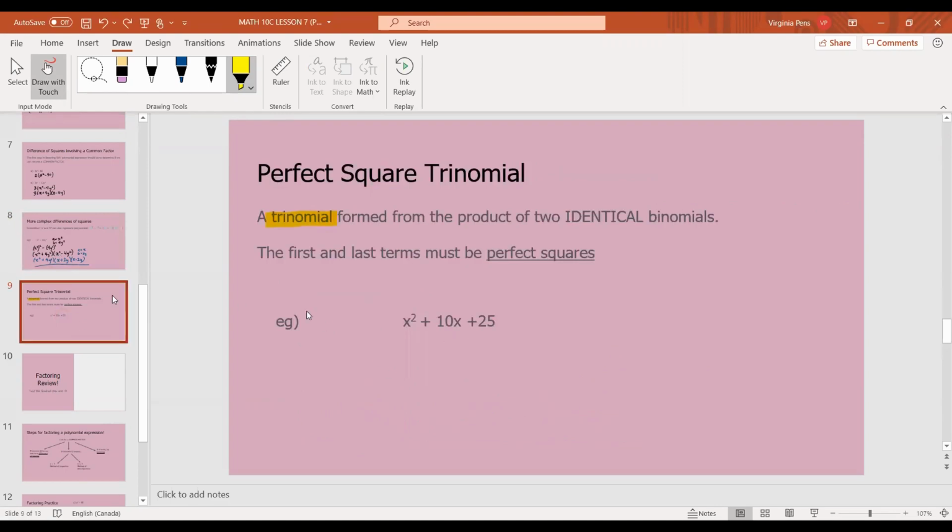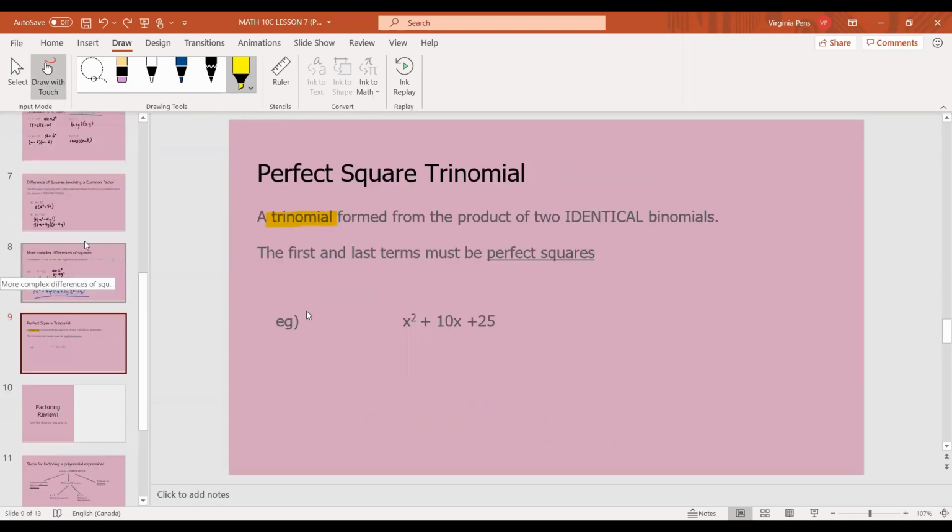So let's take a look. Let me give you a few examples after. Actually, no, I think I'll start with an example of what it looks like when you expand. Let me think of a perfect square trinomial off the top of my head. Let's say x plus 3, x plus 3 squared.